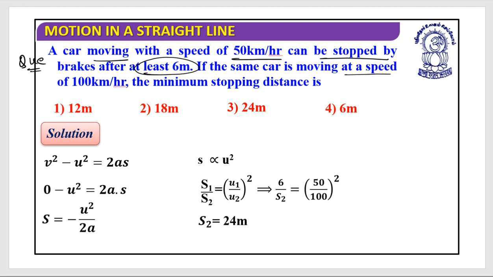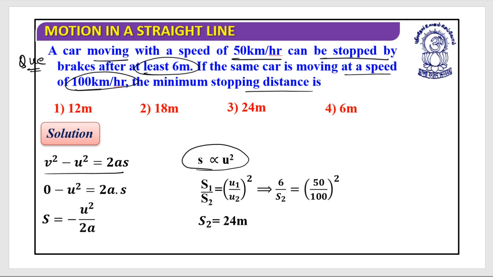If the same car is moving at a speed of 100 km per hour, that means double of this, the minimum stopping distance is... When we have attempted this kind of question, we have already discussed that this is one of the approaches. But what we are going to do is take a ratio, and I know that my stopping distance is directly proportional to the square of the velocity.